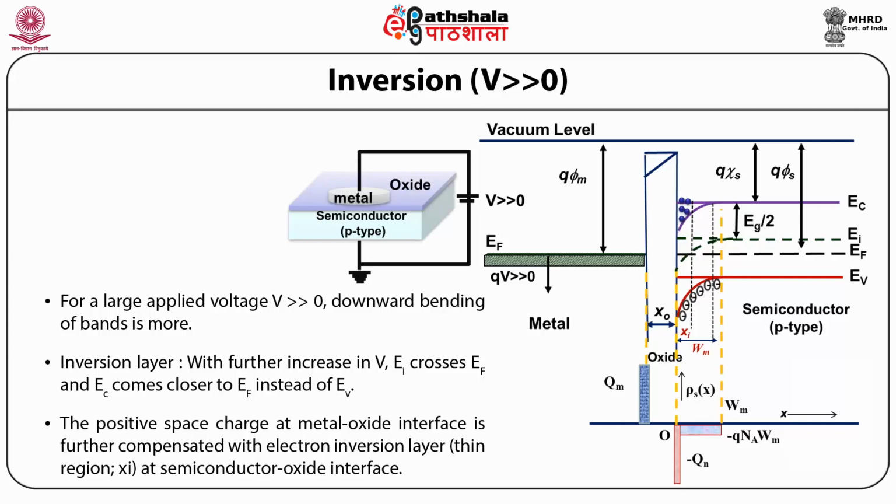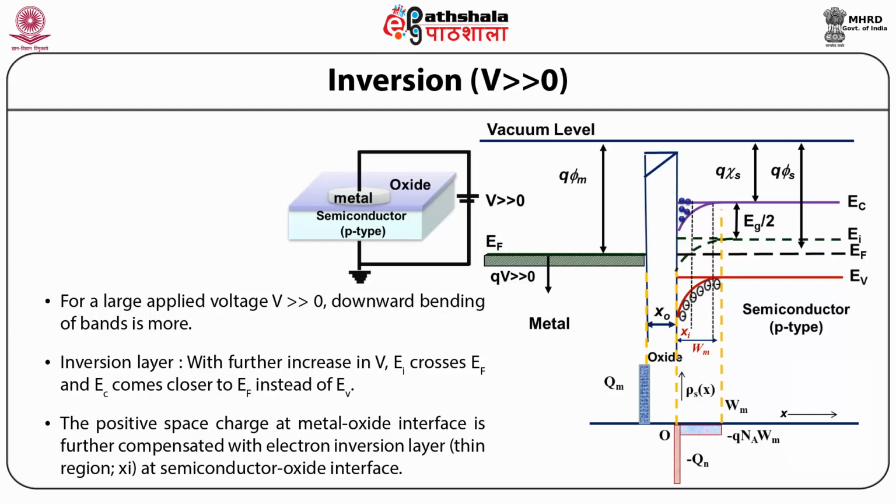Now, as we know, the electron concentration in p-type material is given by Np equal to Ni multiplied by exponential of (EF minus Ei) by kT. Since Ei minus EF is greater than 0 in the case of inversion, that is when Ei crosses EF at large V, this implies Np at the surface is greater than Ni and Pp at the surface is less than Ni.